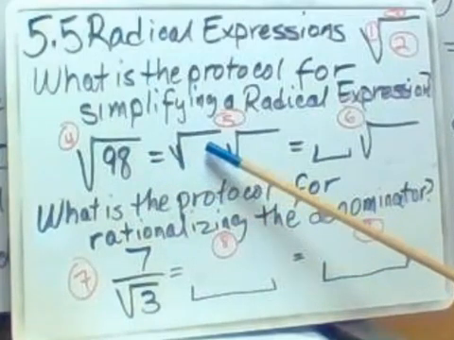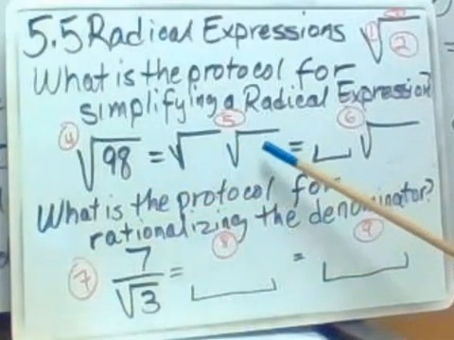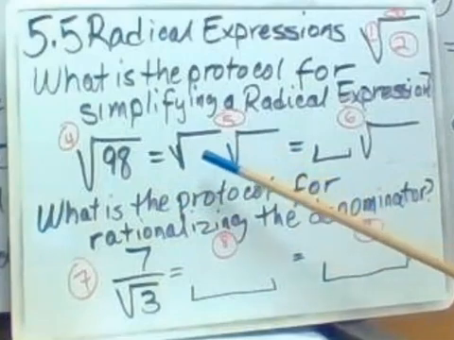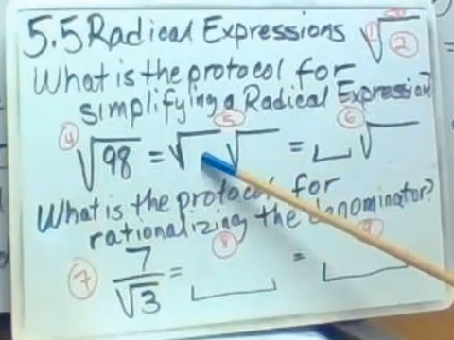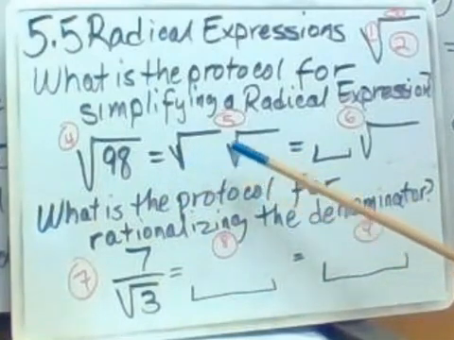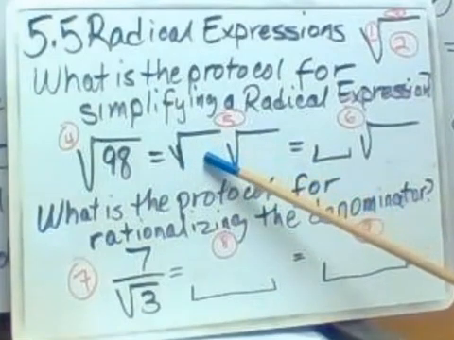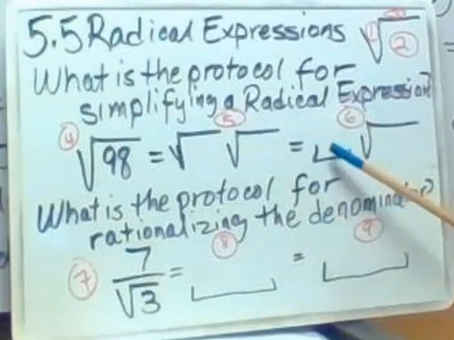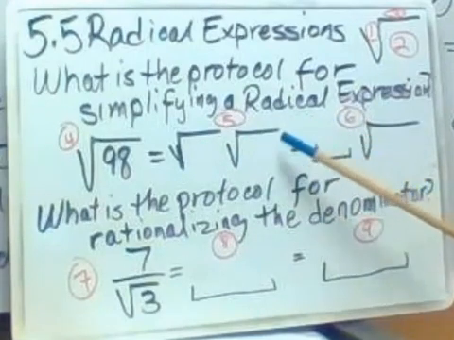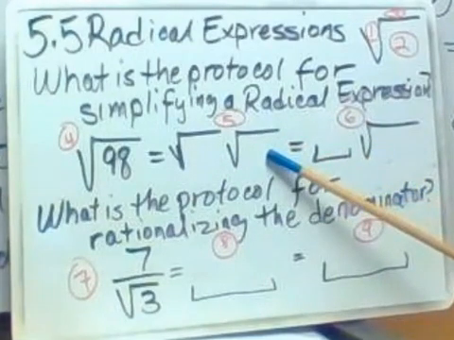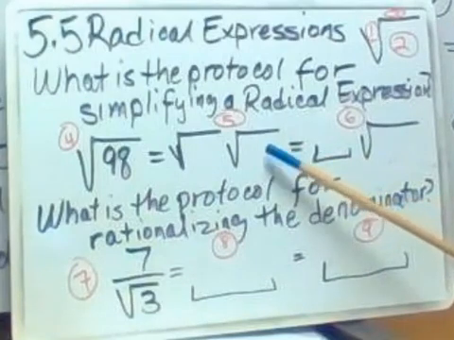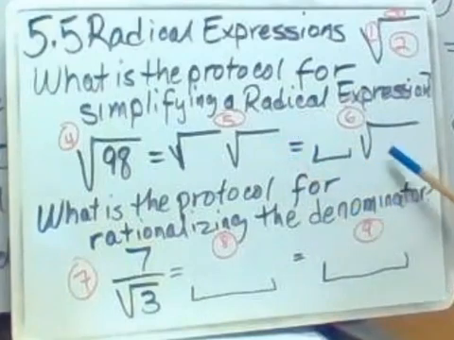You then take whatever multiple factor is left, and that is a 2. So here we're going to have the square root of 49, the square root of 2. Now, what is the square root of 49? Well, it is 7. And then the square root of 2 is a radical with no perfect square factors left in it, so that would go under this.